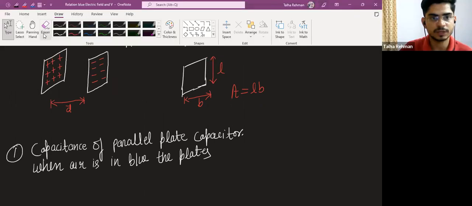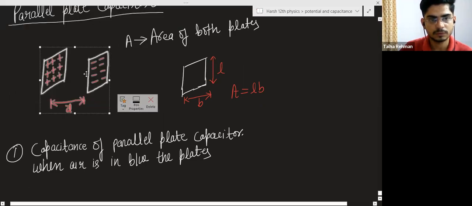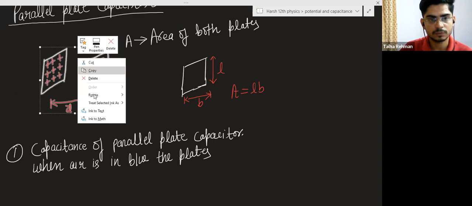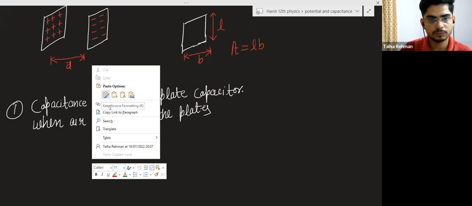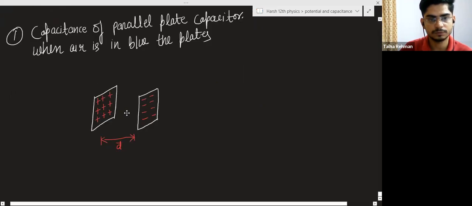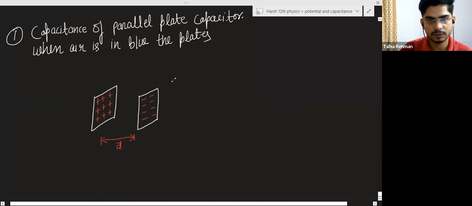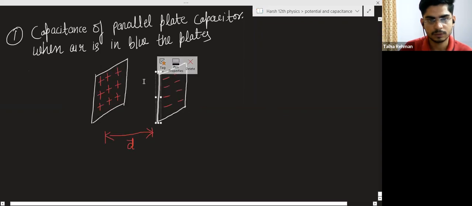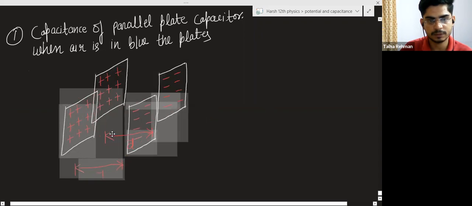So I am copying this diagram. Now we'll make it bigger. So this is our capacitor.